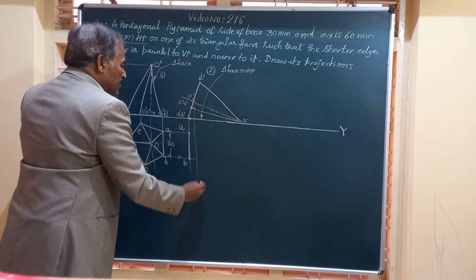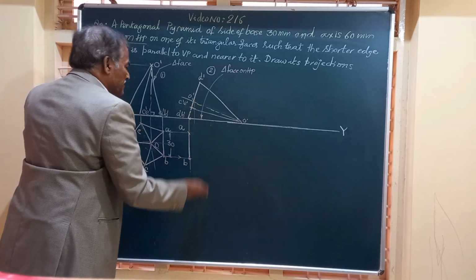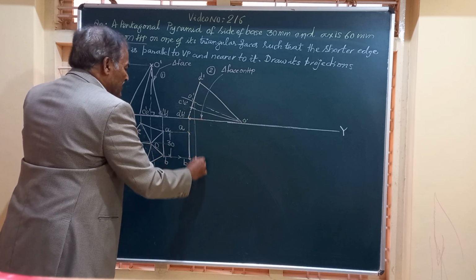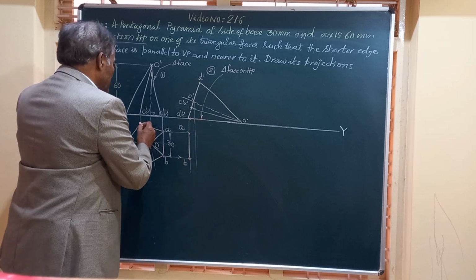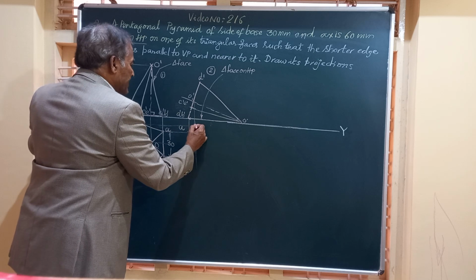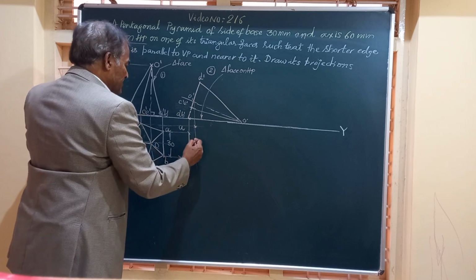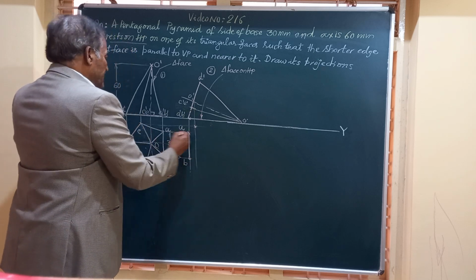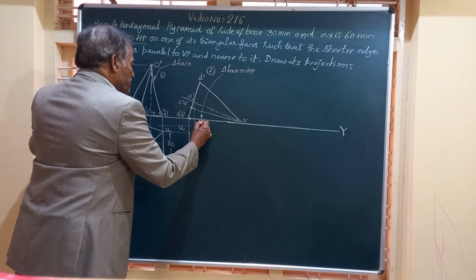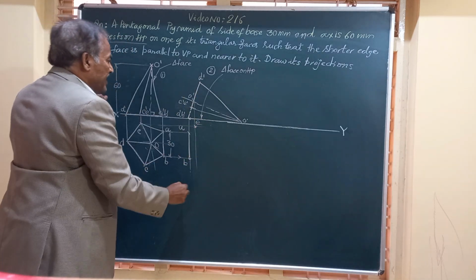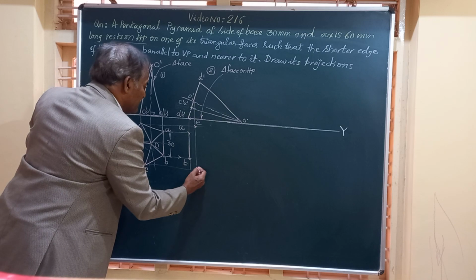So draw a vertical line from C, a horizontal line from here. They meet at this point. So this point is E. We have got on the same line point C at the same distance.